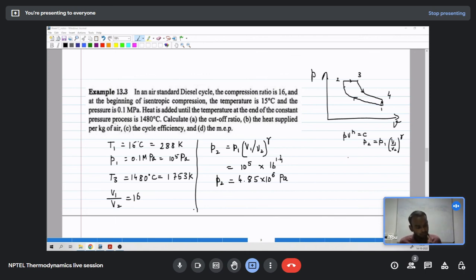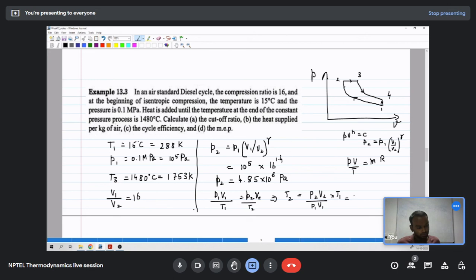So we know PV by T is equal to mR, which is constant because both the composition and mass don't vary in a standard cycle. So we can write P1 V1 by T1 is equal to P2 V2 by T2. So this means T2 is P2 V2 by P1 V1 into T1.